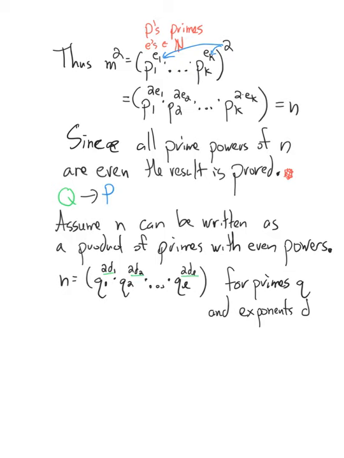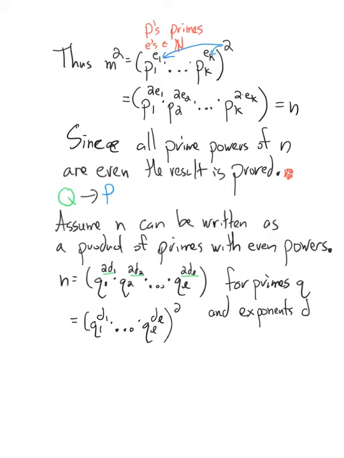But I want to show that n is a square number, but that's pretty easy. I'm just going to refactor out that 2, just like I did. I'm going to do the reverse steps to what I did up here. So let's do it. So this is q1 to the d1 times q2 to the d2 times q3 to the d3 all the way to ql to the dl.